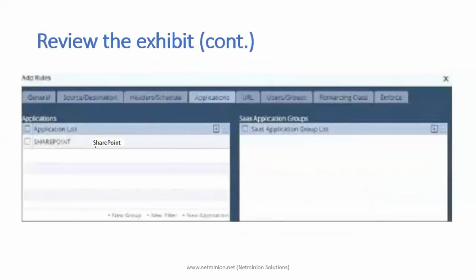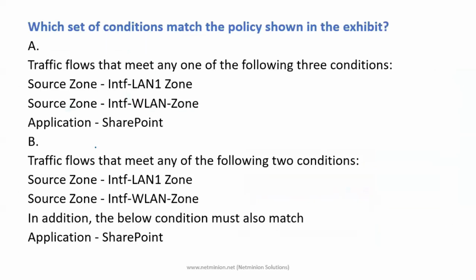Then under the application, it is selecting SharePoint. As I showed you, we can select different stuff. Then it is asking the question: which set of conditions match the policy shown in the exhibit.